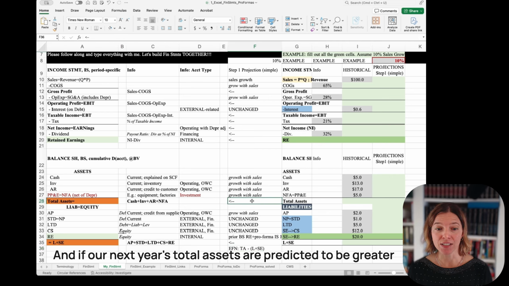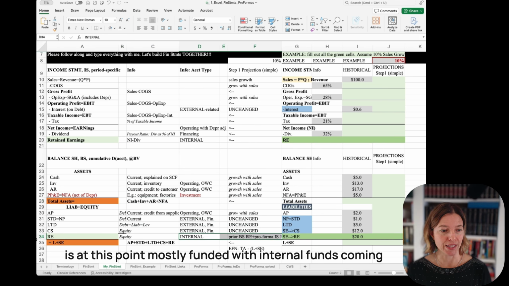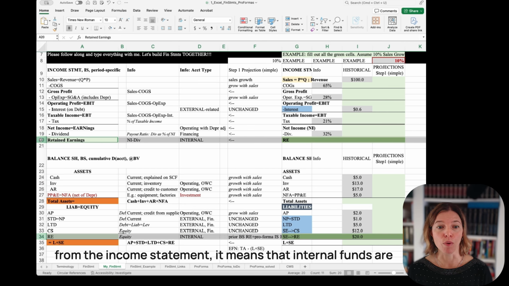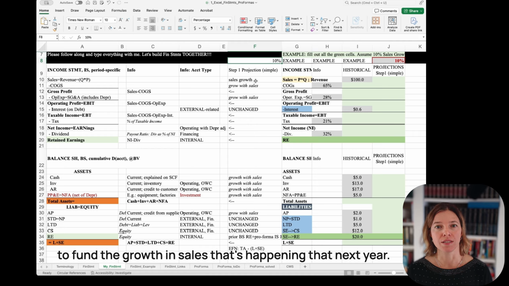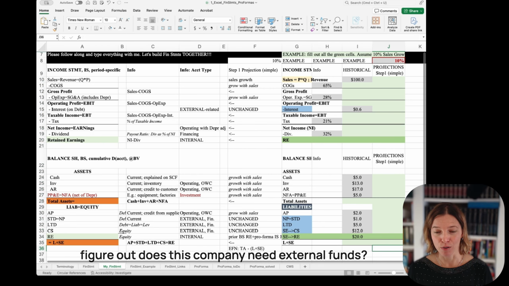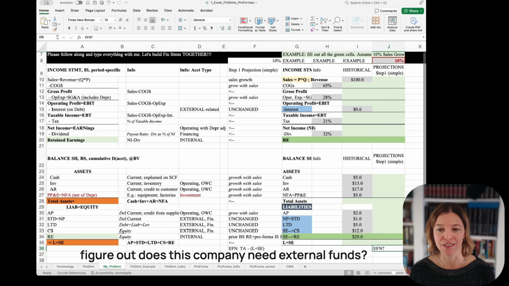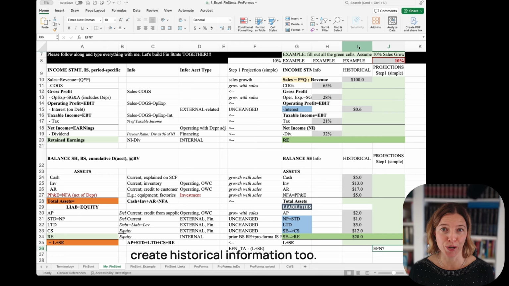And if our next year's total assets are predicted to be greater than the total of liabilities plus shareholders' equity, which is at this point mostly funded with internal funds coming from the income statement, it means that internal funds are not enough to fund the growth in assets needed next year to fund the growth in sales that's happening next year. So your goal is to come up with these projections and figure out, does this company need external funds? But before you start, you need to create historical information too.